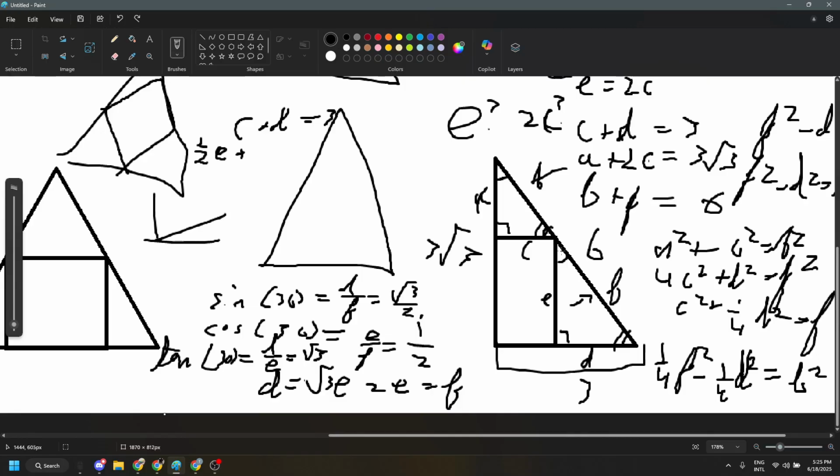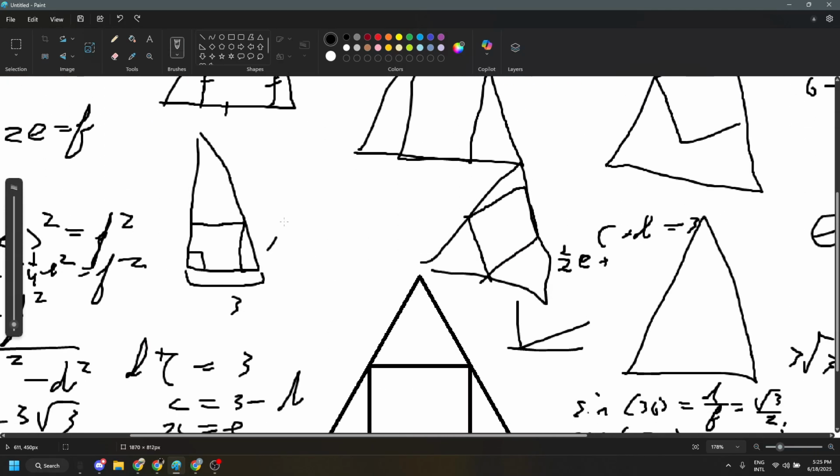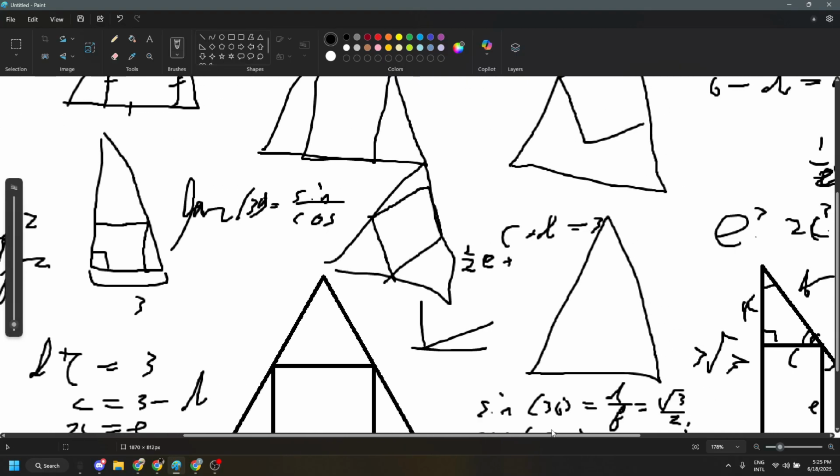So if we take tangent of 30, right? Or we could do tangent of, wait, what? We could do tangent of 60. I don't know. Wait. We know tangent of 30 is equal to sine over cosine. Sine of 30 is 1/2. Okay, that's why cosine of 30 is √3/2.